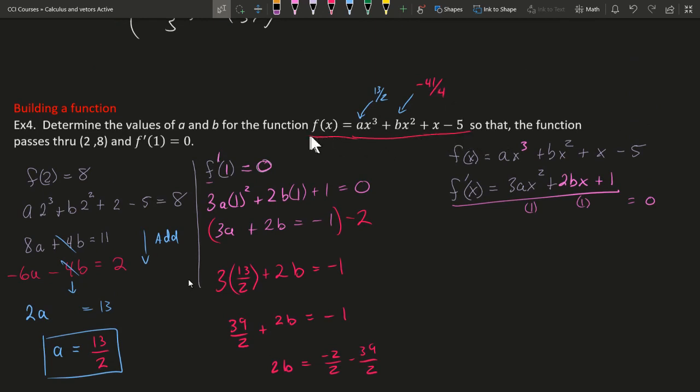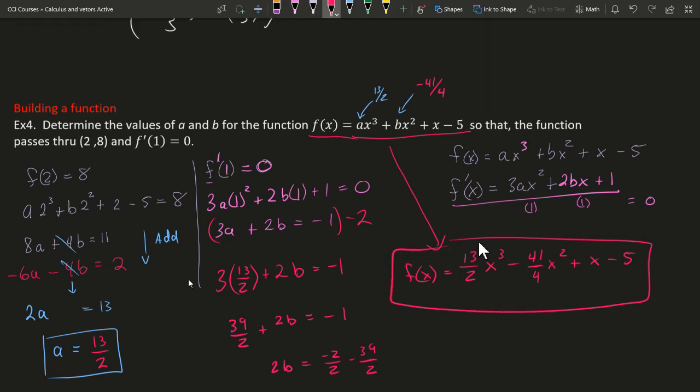So now the actual equation, the answer is f of x is a 13 over 2 x to the third, whoops, not plus, but minus 41 over 4 x squared plus x minus 5.